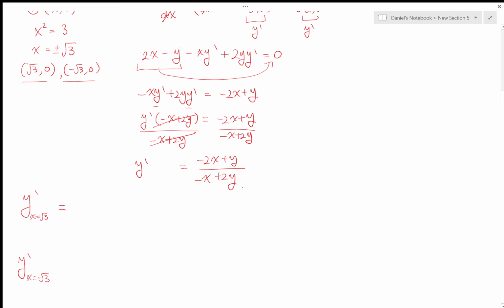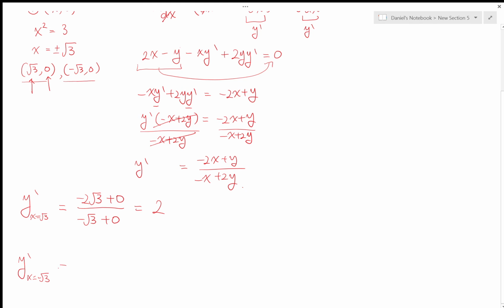We just plug the numbers into what we have and compare them. So we have negative 2 square root of 3 plus 0 over negative square root of 3 plus 0. You probably ask me, where did I get the 0 from? When x is positive square root of 3, your y value is 0, right? That's where I got the 0 from. If you simplify this, it becomes 2.